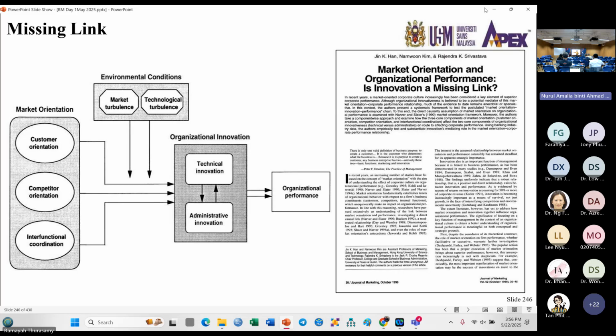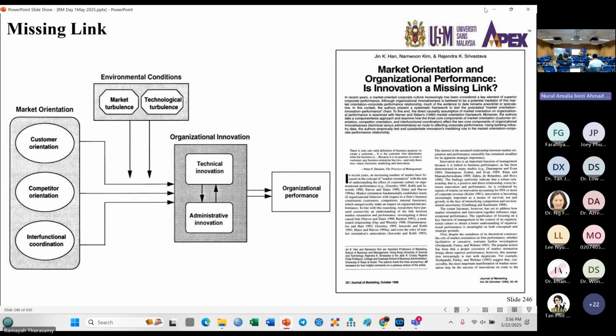But after a while, you realize that it is not market orientation that directly leads to organizational performance. This is the mechanism: market-oriented companies are innovation-oriented. That is why their performance is good. So now, in this model, market orientation is not the most important variable. This variable becomes the most important. Why they perform well is because of this.